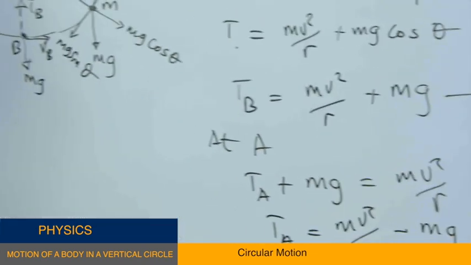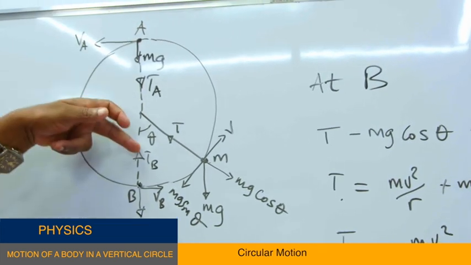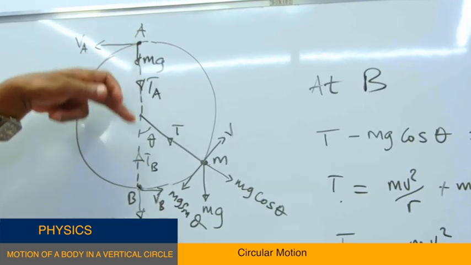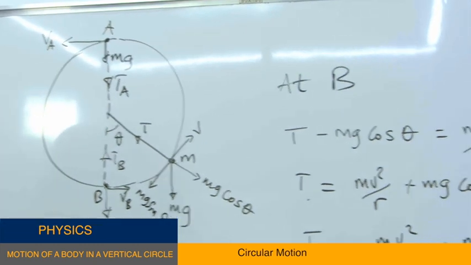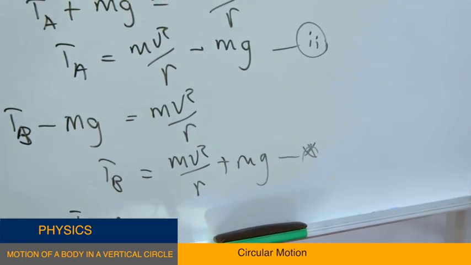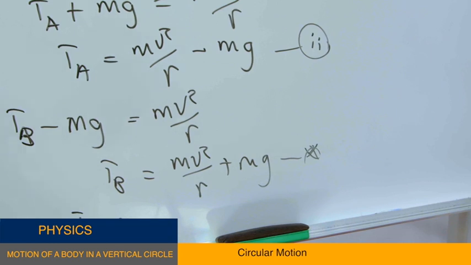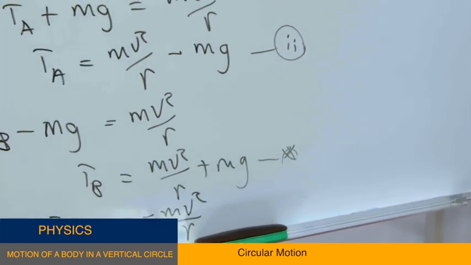Likewise, if we go to the top, the mg and the tension in the string are all acting downward, so the necessary force to make the body move in a circle, the centripetal force, makes us have the tension at A plus the mg, because they are acting in the same direction, and they will all be equated to the centripetal force, mv squared over r.